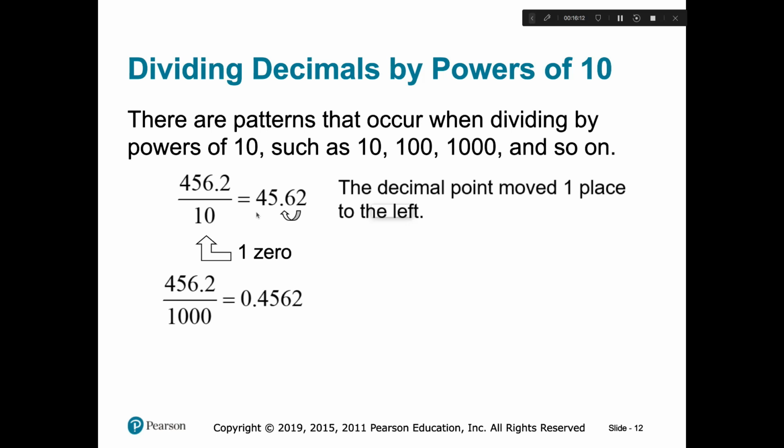If we divide by 1,000, there are how many zeros? So we move our decimal point 3 places to the left. Easy peasy lemon squeezy. Remember that if you end up with a decimal in front of your number, you need to put a 0 there to show that there is nothing in front of your decimal.